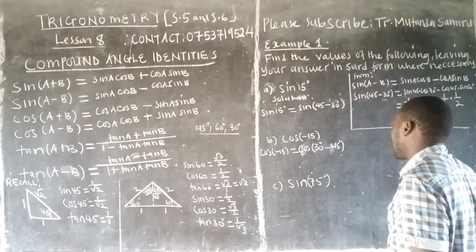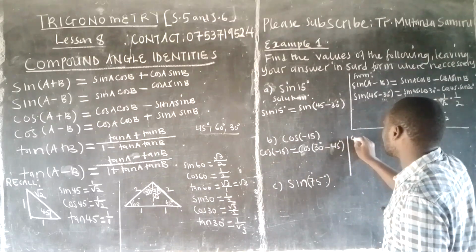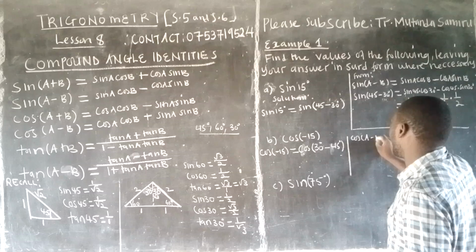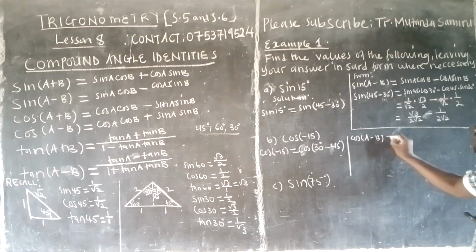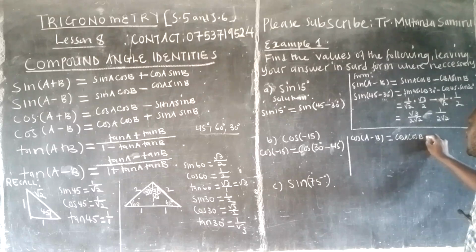Continuing from this side, cos of A minus B is equal to cos A cos B plus sine A sine B, because we have a minus, and this becomes a plus.